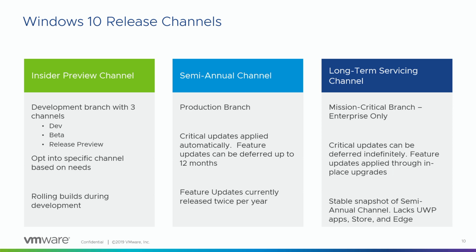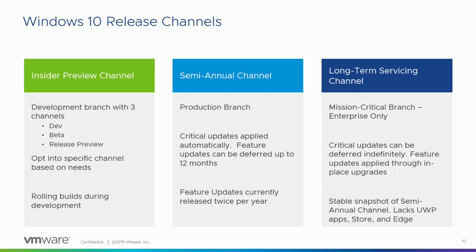Or you may just have some people in IT who opt into the release preview channel, so that way before the major release, they're able to test things either themselves or on test hardware in a lab. Now, the insider preview channels are rolling builds. So as new builds are generated, they are released depending on the channel you're in.